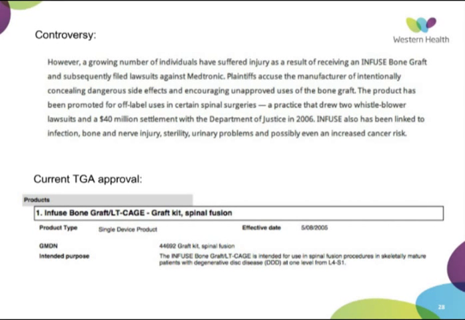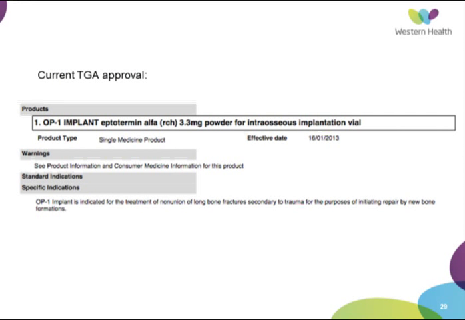So in Australia, the Therapeutic Goods Administration only approves Infuse's use for lumbar spine procedures in skeletally mature patients. And the other one, OP1, which is BMP7, is approved in Australia for the treatment of non-union of long bone fractures secondary to trauma. So that's the current Australian product.